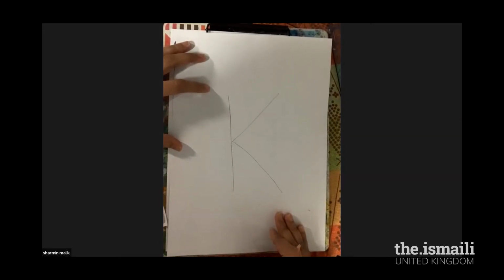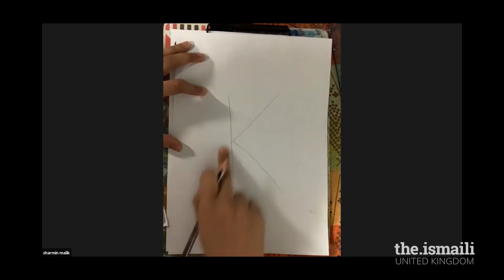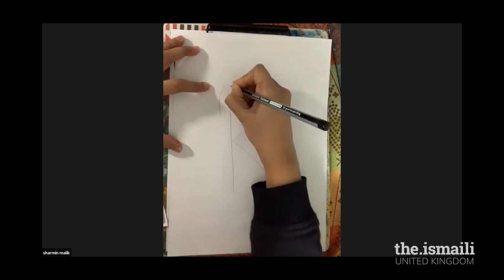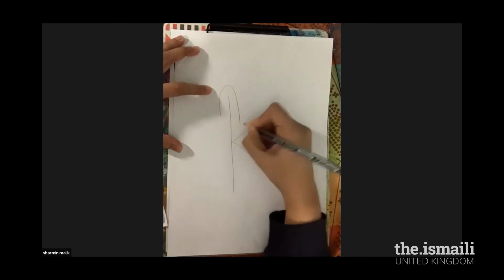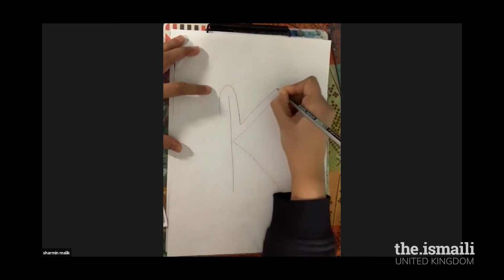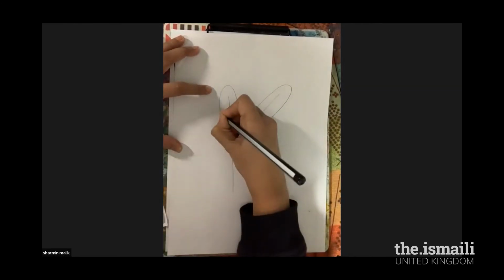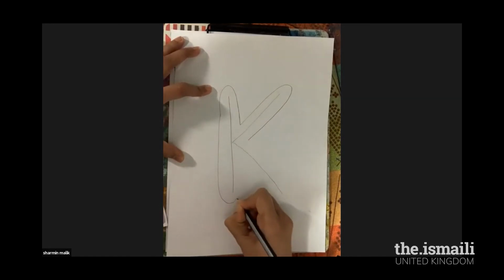If you know bubble writing, you write a capital letter K and we create a bubble around it like this. Create a bubble around your letter.